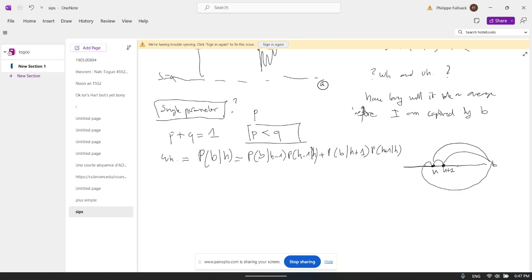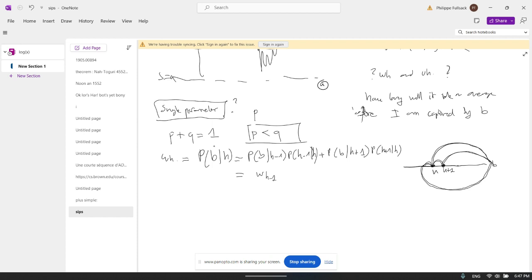So of course, to transit from here to there, it's a product of this probability here, and to transit from here to there. Okay. So this formula is clearly right, and so this, by definition, is H minus 1.